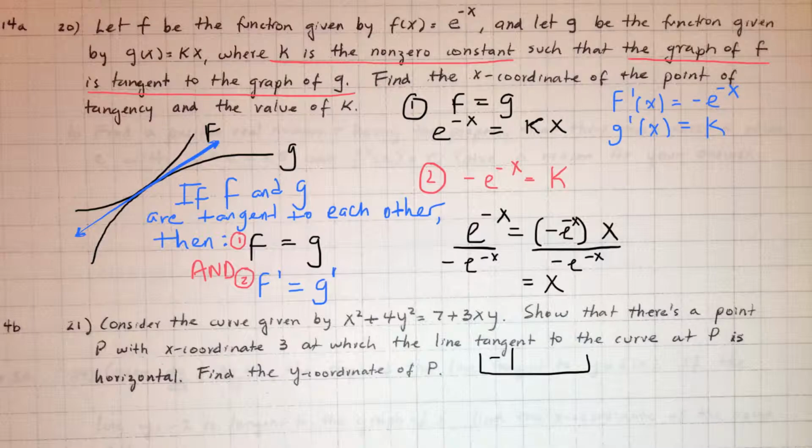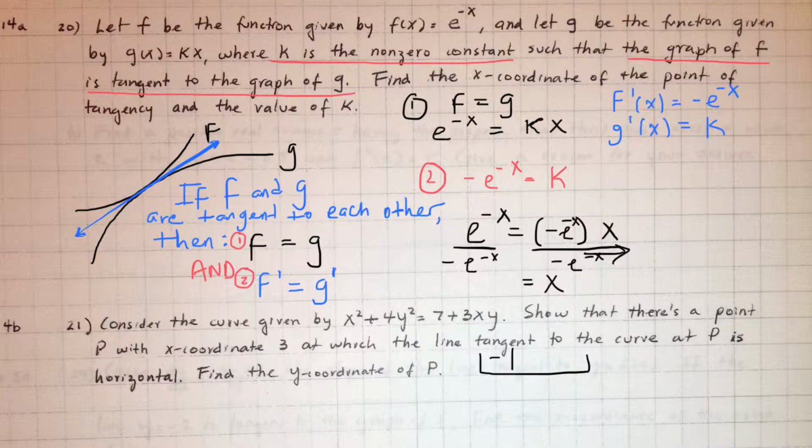And you know, sometimes you get too into the problem that you forget what the question was. The question says, find the x-coordinate of the point of tangency and the value of k. I guess we found the x-coordinate. The x-coordinate is negative 1, but now they want us to find the value of k. Well, if x is negative 1, you can go to either one of the top two equations.